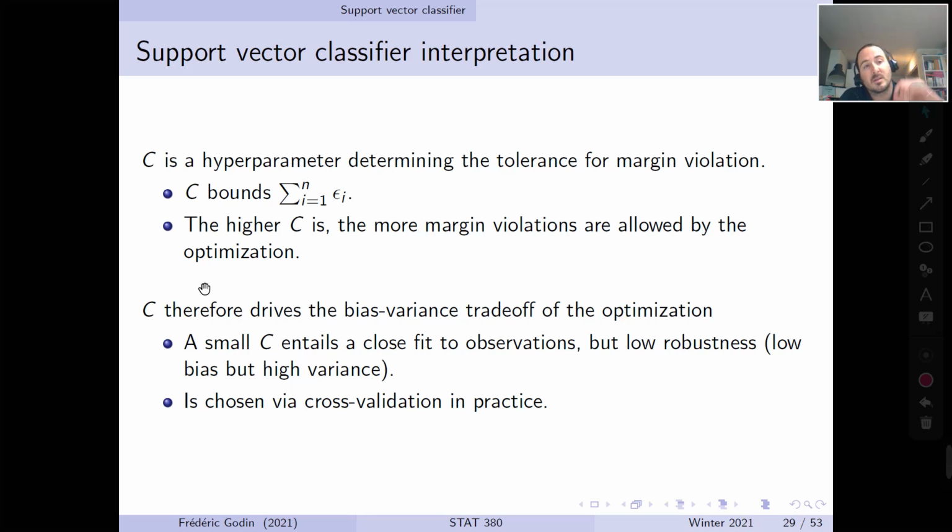Okay, so small C entails also high variance of predictions. Okay, so in practice, C is chosen through cross validation to determine the amount of robustness you need to suitably reduce variance, but still be sufficiently accurate not to misclassify too many observations.